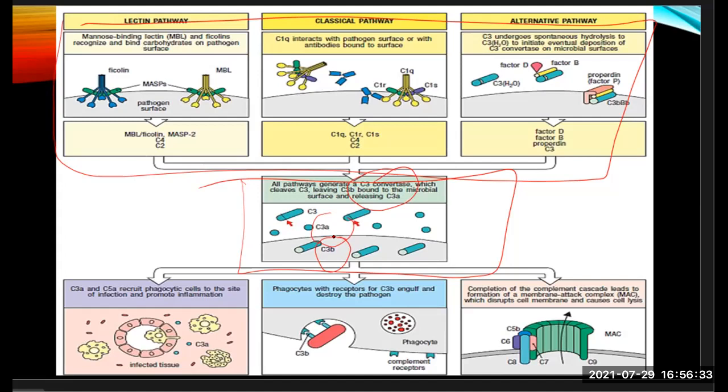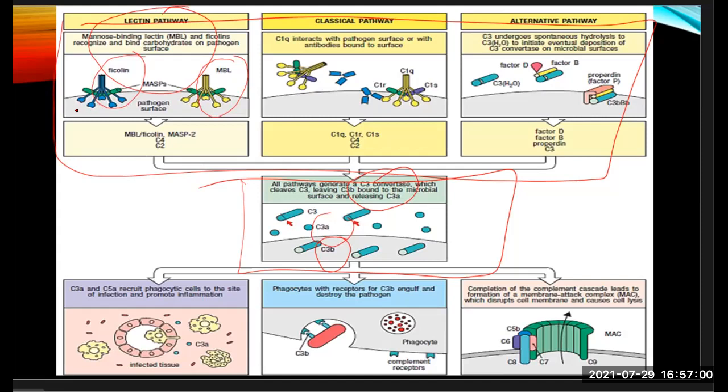The lectin pathway of complement activation, here top left, is triggered by the binding of mannose binding lectin or ficolins to carbohydrate residues in microbial cell walls and capsules.